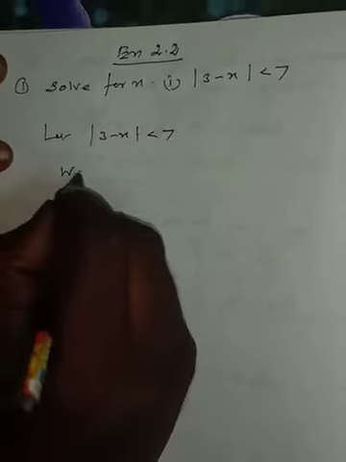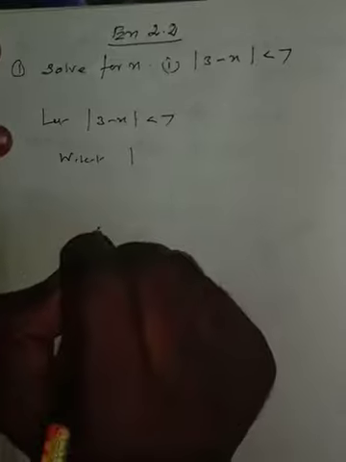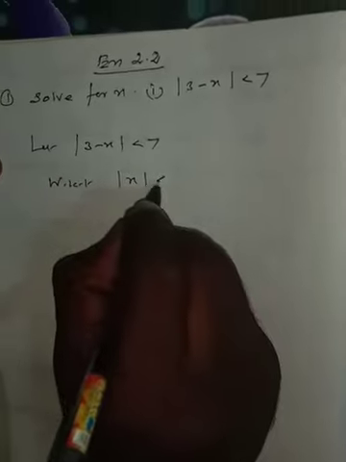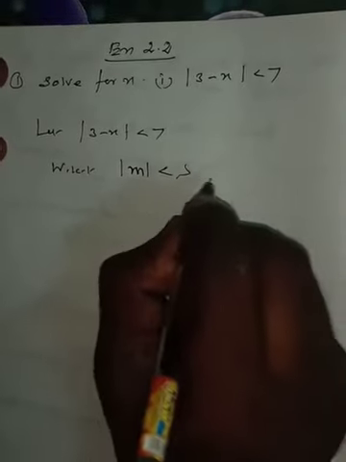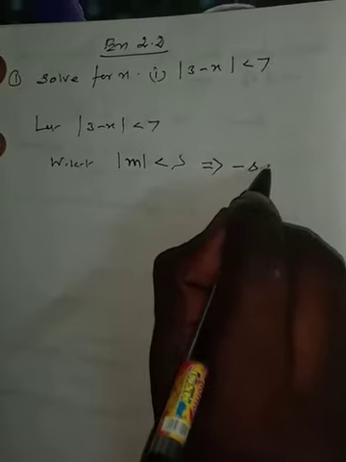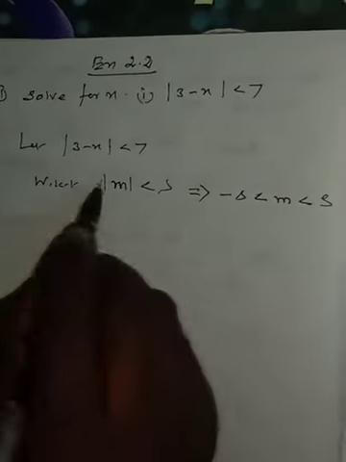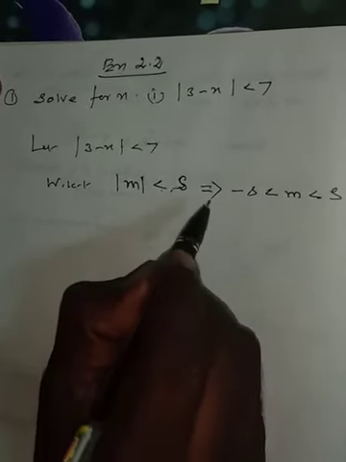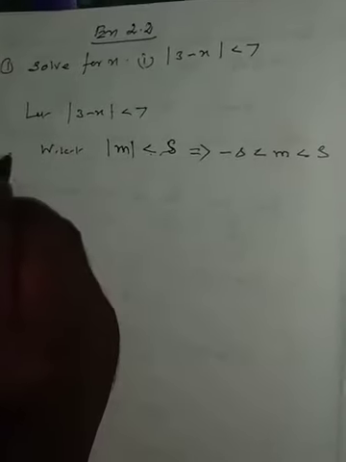We know that if modulus of m is less than s, then this implies minus s less than m less than s. This is the inequality condition. Modulus of m less than s implies minus s less than m less than s. Okay, this is very important.